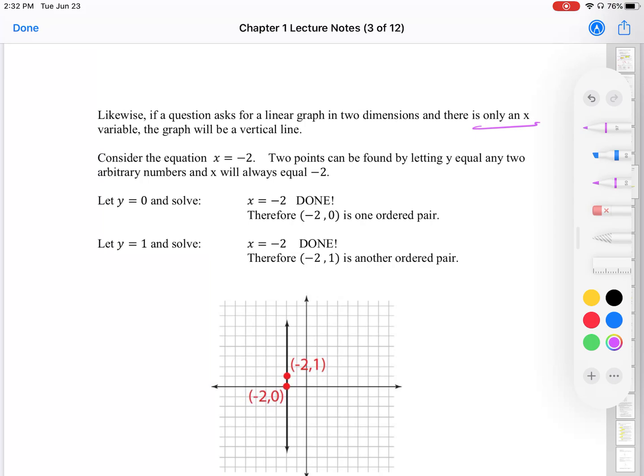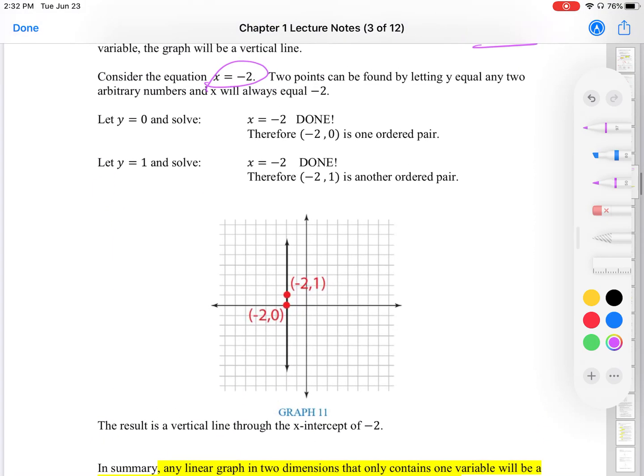So let's take a look at this. Example, x equals -2. All right. So I look at my x-axis, I find -2, and I go ahead and draw a vertical line. Or you can do your chart like before. Our points are always given as x comma y, and our rule says, hey, let x always be -2.